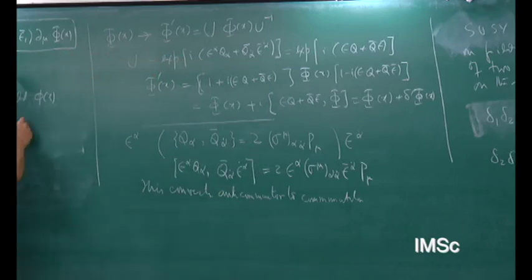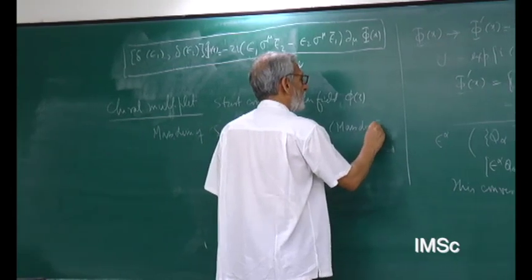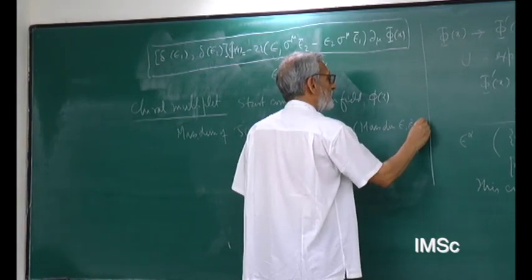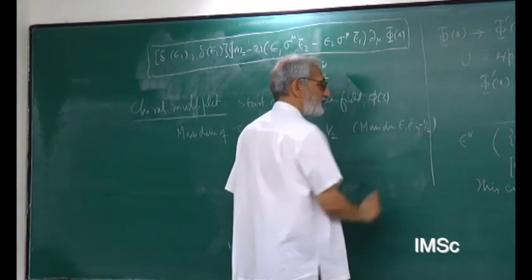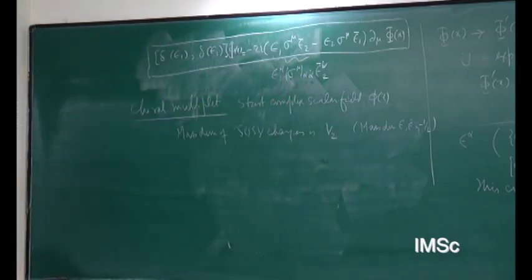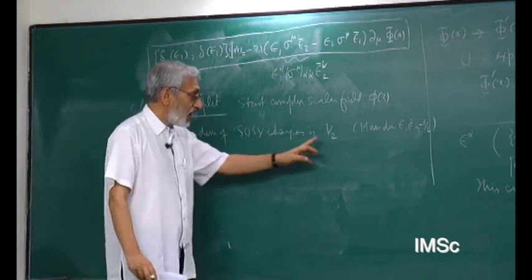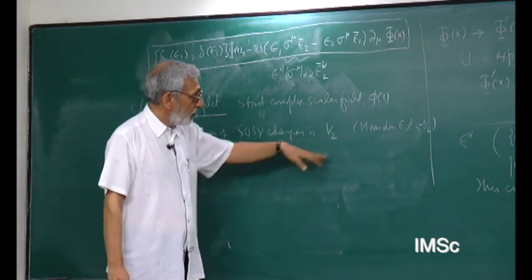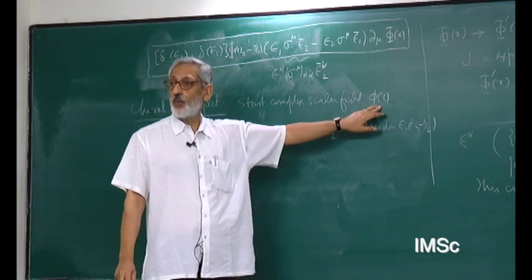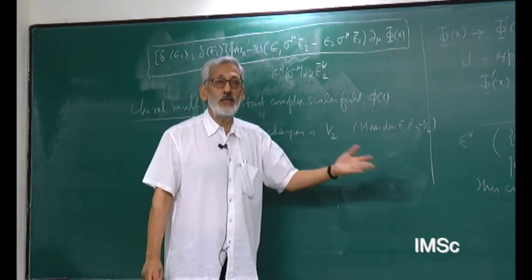The mass dimension of epsilon bar is minus half. So if Q is dimension half and it acts on a scalar field of dimension 1, it must increase its dimension by half unit.